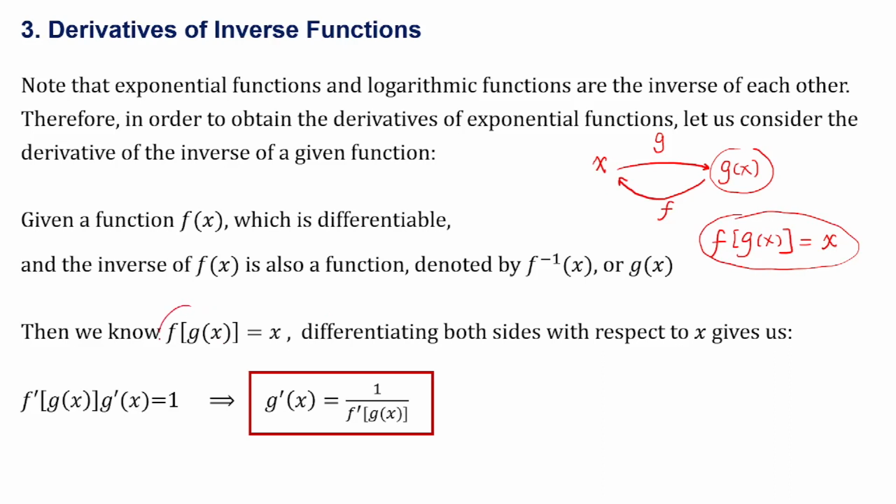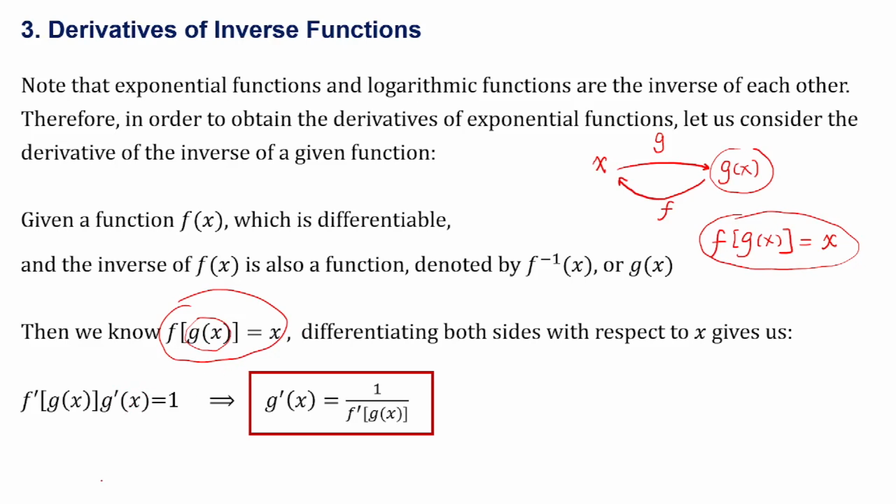Okay, because we have this relationship, then we can use the implicit differentiation rules to differentiate both sides with respect to x. Then this gives us, so note that the left side is a composite function, right? The derivative of that function is first the derivative of the outer function with respect to the independent variable g(x) times the derivative of the inner function g(x) with respect to x, which is actually the derivative of g(x), right?